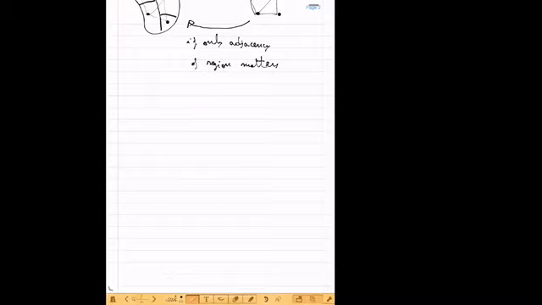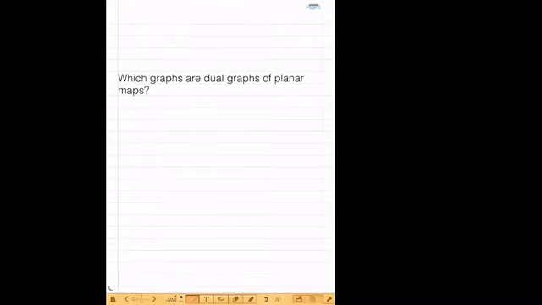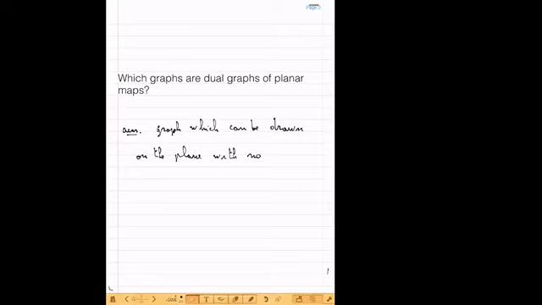So now the question is, which graphs are duals of maps? Because it's not the case that an arbitrary graph can be associated with a map. And here the answer is very simple. The answer is graphs which can be drawn on the plane with no crossing, and when I say crossing, I mean edge crossing.